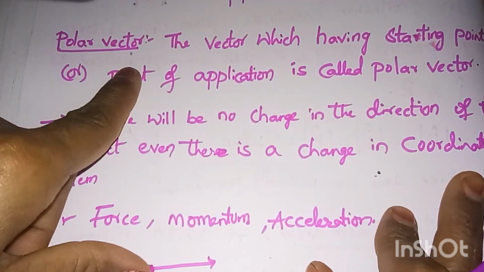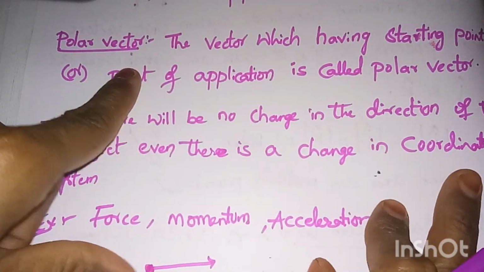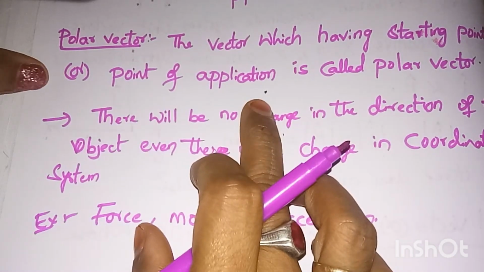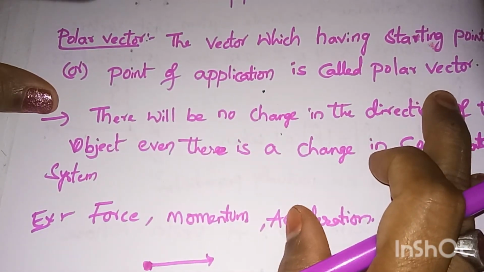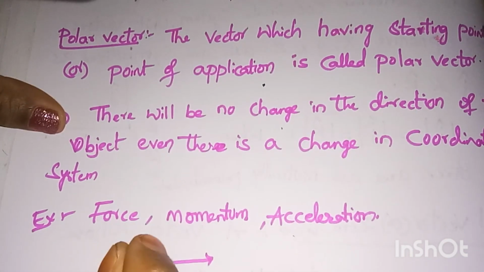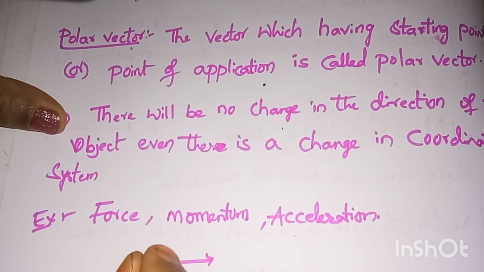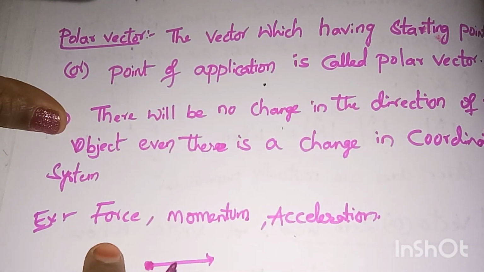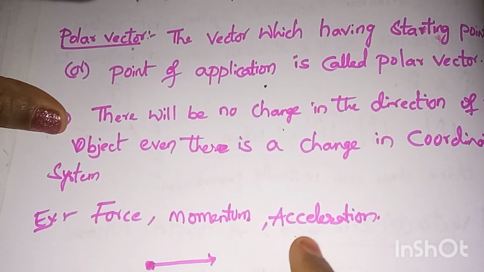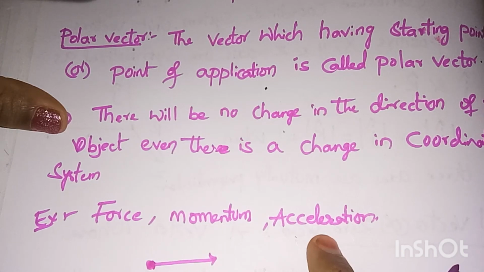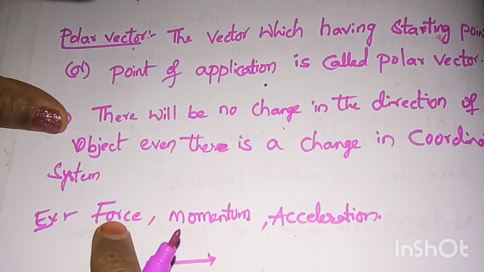Now, the polar vector. What is meant by a polar vector? A vector having a starting point or point of application is called a polar vector. As we know, when an object is moving, we can know its starting point. Examples of polar vectors are force, momentum, and acceleration. Momentum and acceleration can be known with the help of applied force.